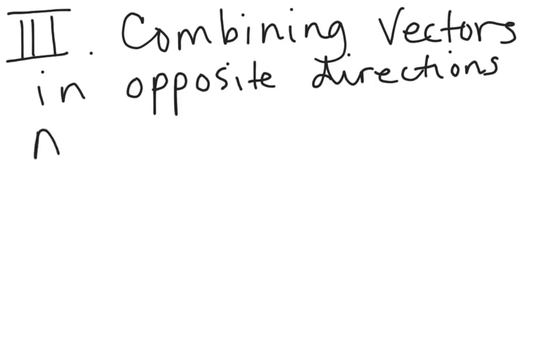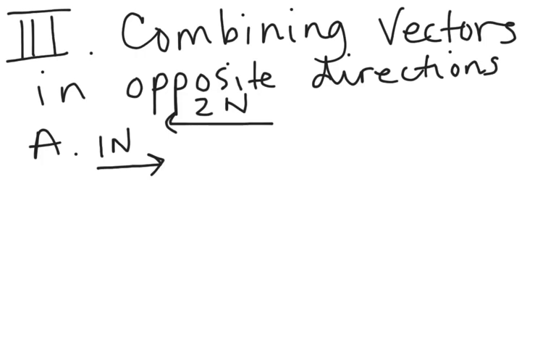Okay, let me give you an example here. Example A. Let's say I have a 1 Newton force going to the right, and I have a 2 Newton force going to the left. Or we could say a 1 Newton force going east and a 2 Newton force going west.